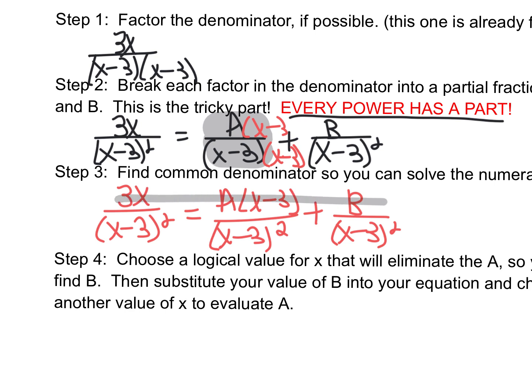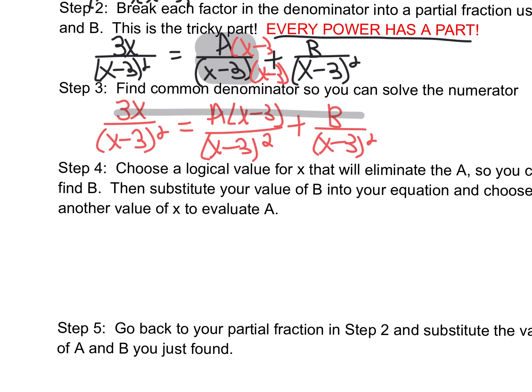We are just looking at our numerator. So let's keep moving along on our steps here. We're going to have 3x equals a times x minus 3 plus b. Just like before, we're going to choose a value to eliminate a. So I'm going to choose x equals 3, because 3 minus 3 is 0, which would eliminate that term.